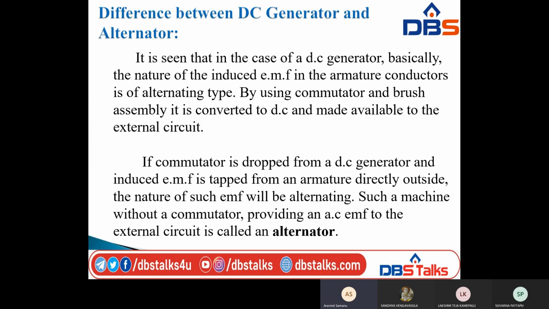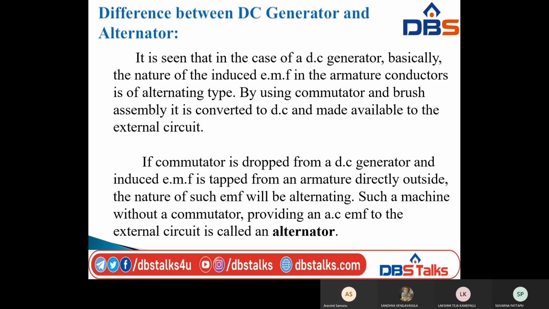I already told you that a DC generator is used to convert mechanical energy into electrical energy. If you want to supply DC, it is a DC generator. In the case of a DC generator, the nature of the induced EMF in the armature conductors is of alternating type.